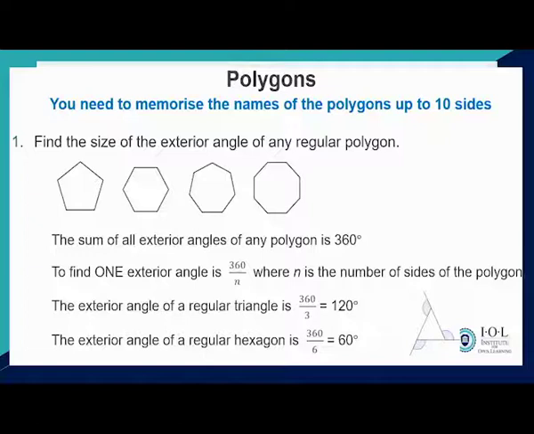So when it's a pentagon with 5 sides, 360 divided by 5 will give you 1 exterior angle. When it is an octagon, 360 divided by 8 gives you 45. That's one exterior angle. So the exterior angle of a triangle is 360 divided by 3, which is 120.